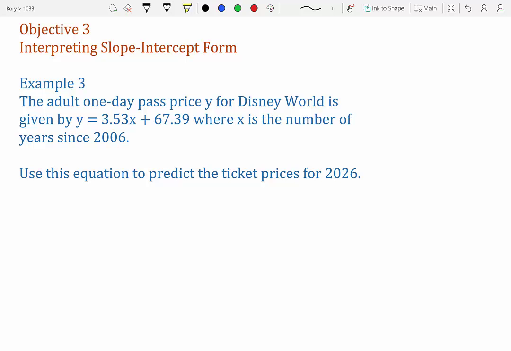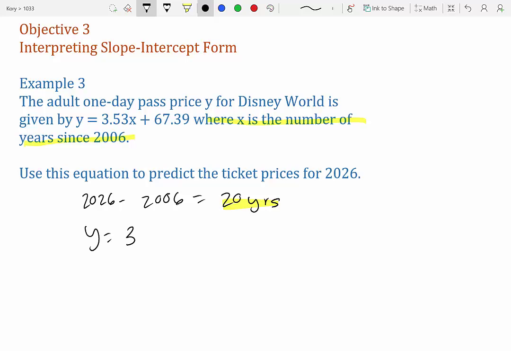So from 2006 to 2026, that's 20 years. y means the price, and x is the number of years since then. So that's why we have to figure out how many years it has been since 2006. So we want to plug that in for x.